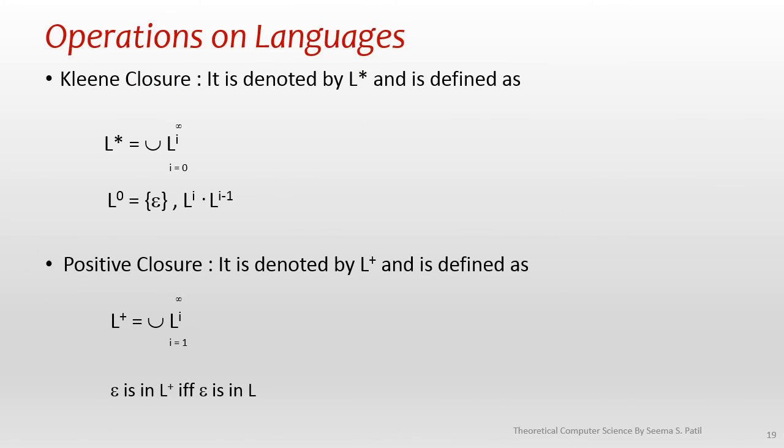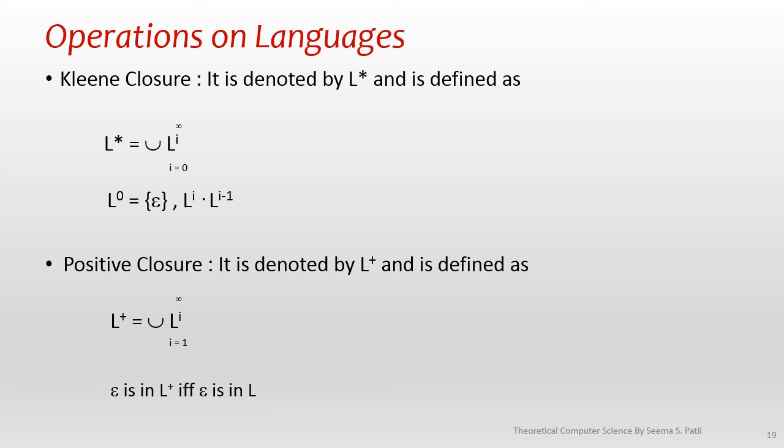The operations on languages. Kleene closure, it is denoted by L star and is defined as L star equal to union of L raised to i, from i equal to 0 to infinity. L raised to 0, which is equal to epsilon. L raised to i equals L raised to i minus 1 dot L. You can write the definition of Kleene closure in this way.